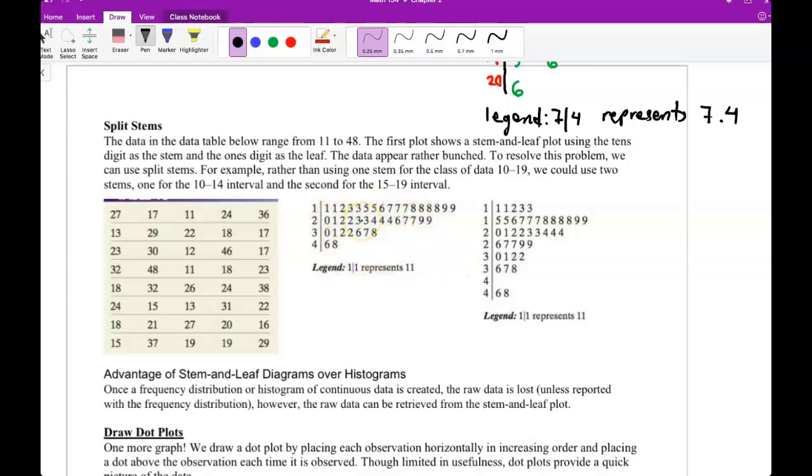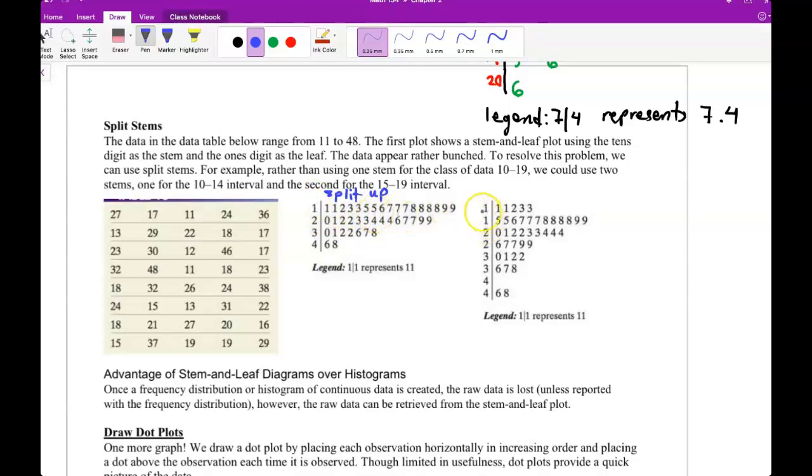And then we want to split these stems to have this part instead. What I have on the first row, for the stem, we have 1.